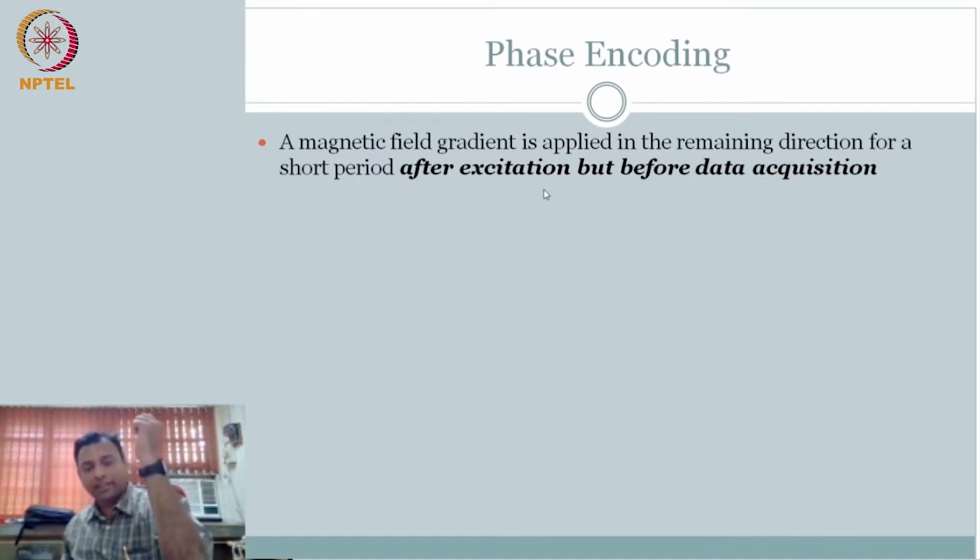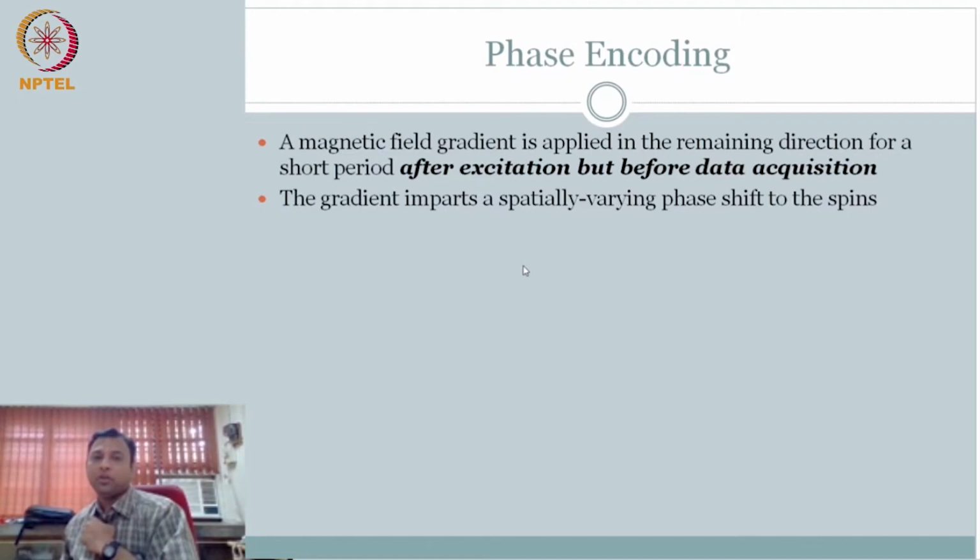If you apply it with excitation, that is what you did for slice selection, selective excitation. So this is done after excitation, but before data acquisition, where you did frequency encoding. So this comes in between. You have the RF excitation, Z encoding, and before you start the X gradient, you have to apply your phase encoding.